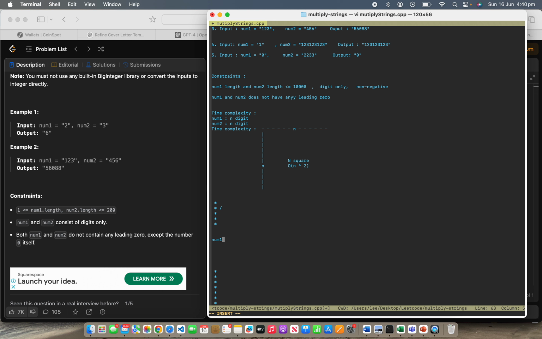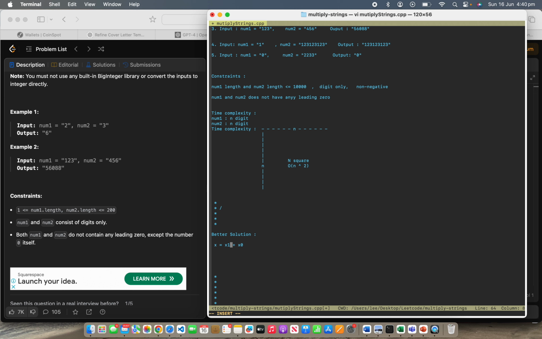Let's say number 1 is equal to x, and s is equal to x1 plus x0. The x0 is the other part, and the first part is x1.